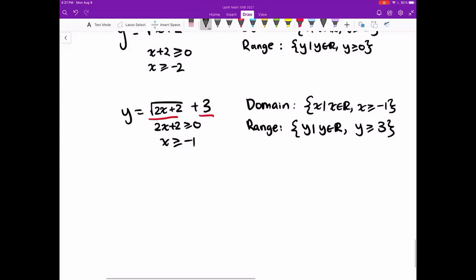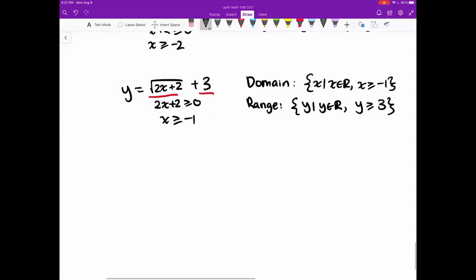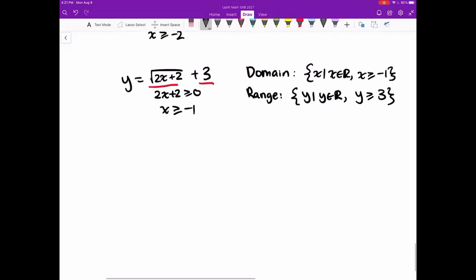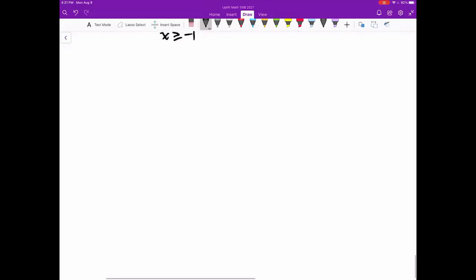Okay, so let's talk about the last type of restriction, which is common sense or the context of the question. So we might have a problem asking, if one apple costs $2, what is the domain of the function that relates the number of apples with the total cost? So the cost is equal to 2 times the number of apples we have.